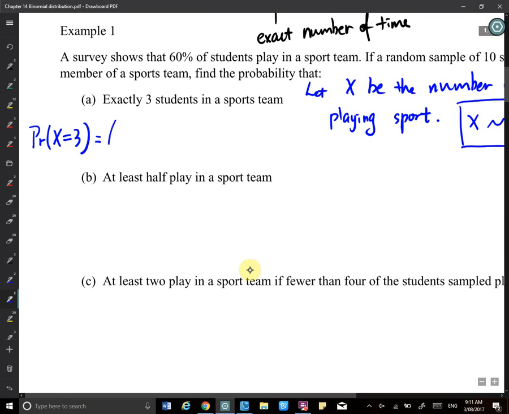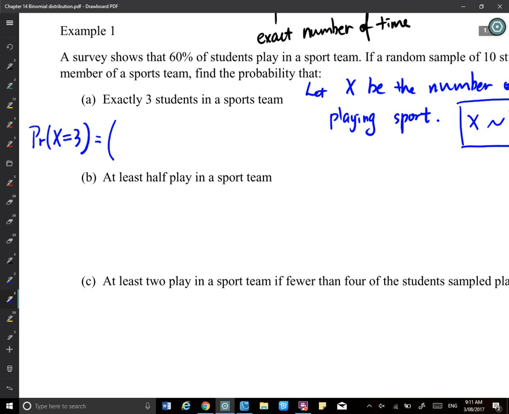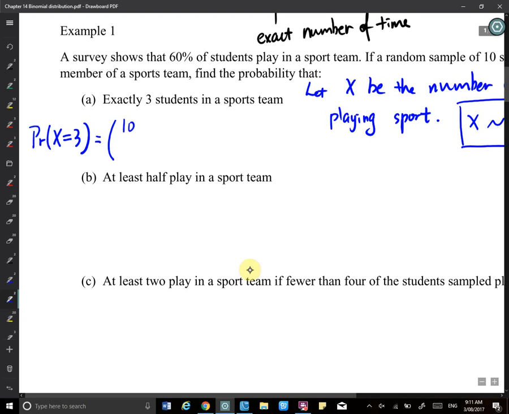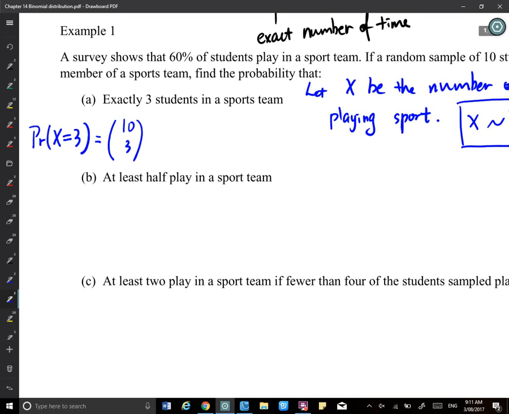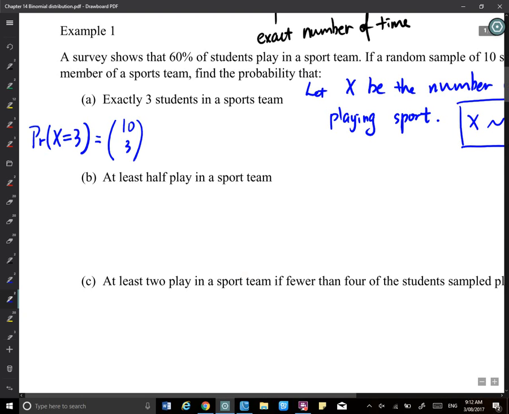Therefore, by using this formula, do not really try to remember it, try to understand it. I will select 3 students from these 10 students, any combination of 3. It can be these 3, or that 3, or this 3. It doesn't say this particular 3 students. So it's 10 choose 3.